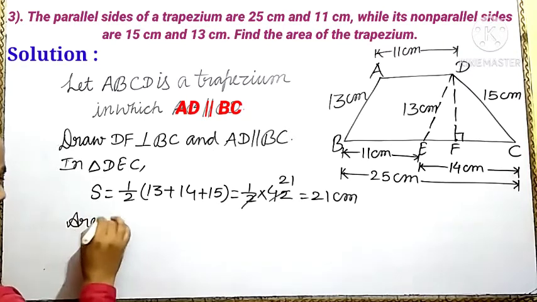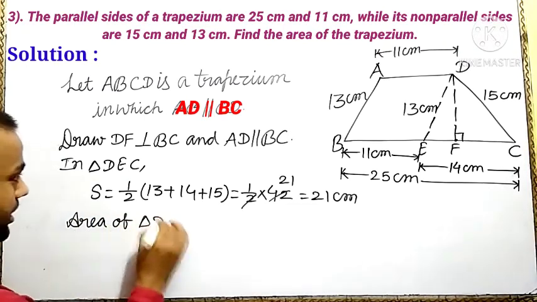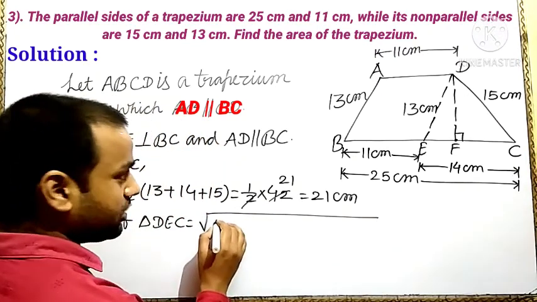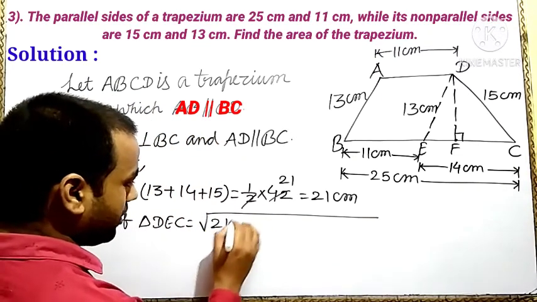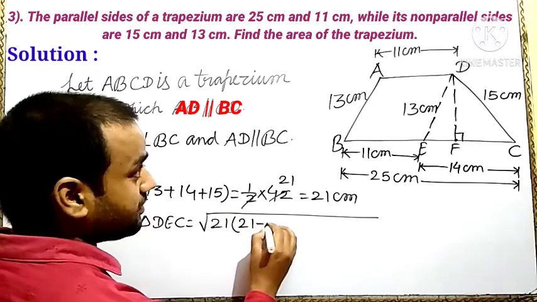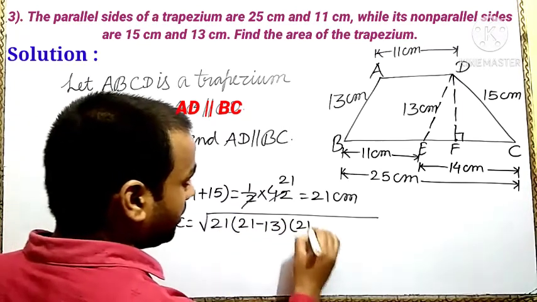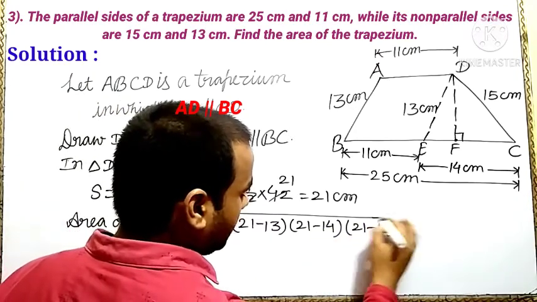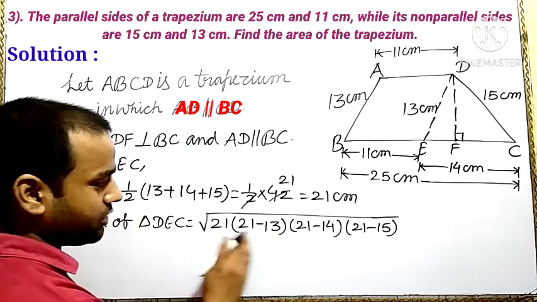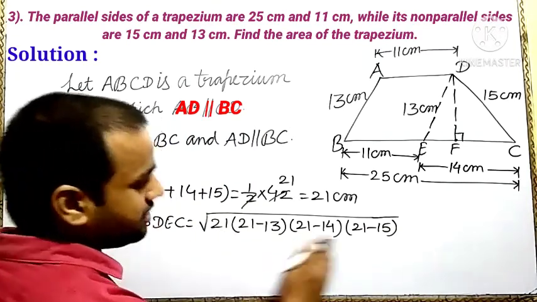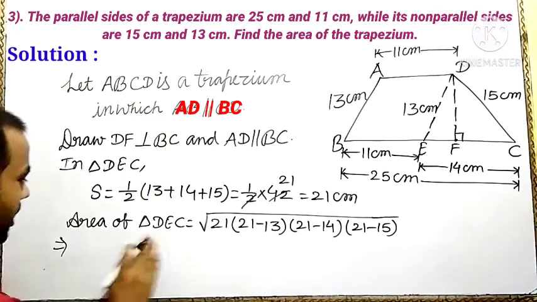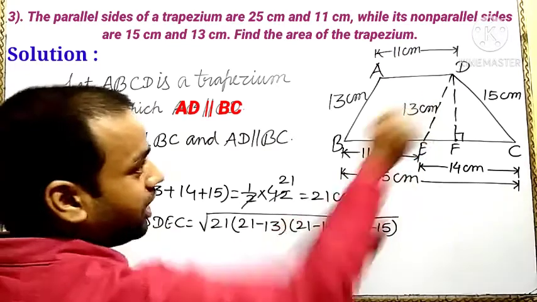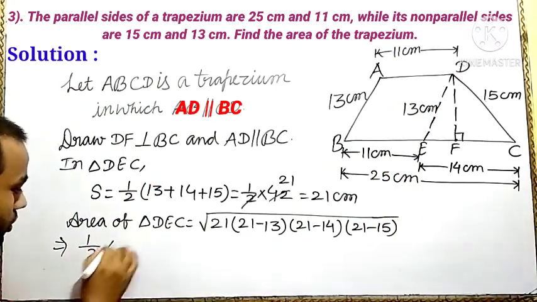So area of triangle DEC is equal to root under S into S minus A, S minus B, S minus C. Here S is 21, 21 minus 13, 21 minus 14, 21 minus 15. In another way, area of triangle DEC with respect to height is half into base into height.